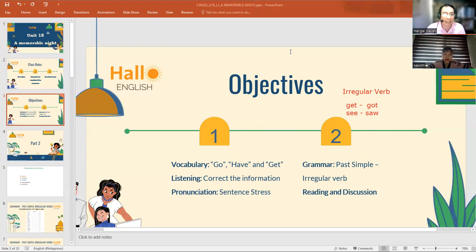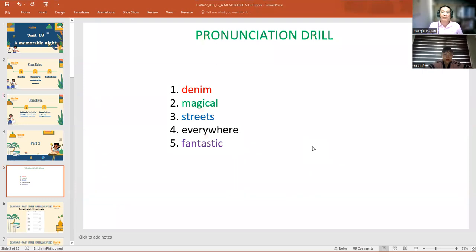Before we move on to our lesson, let's first have a pronunciation drill. Please repeat after me: denim, magical, streets, squid, everywhere, fantastic.